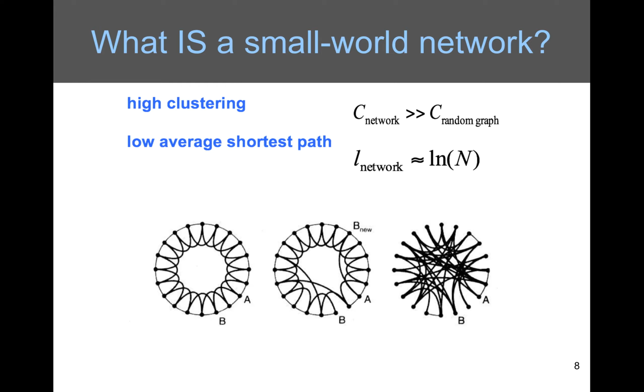They will toss a coin, and with some probability, they will take an existing edge in this network. They'll take this edge, let's say, and they'll randomly rewire it. They'll rewire it, meaning they'll keep one end of the edge fixed. They'll take the other end and move it from its current node to some other node. So they'll do some quick rewiring going on.